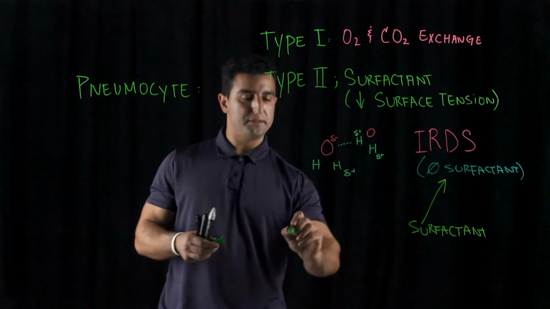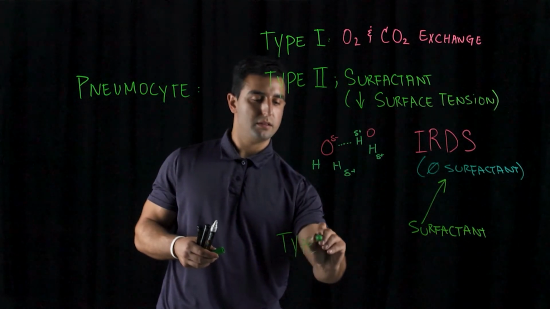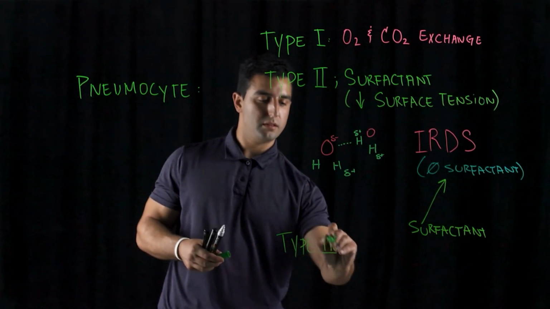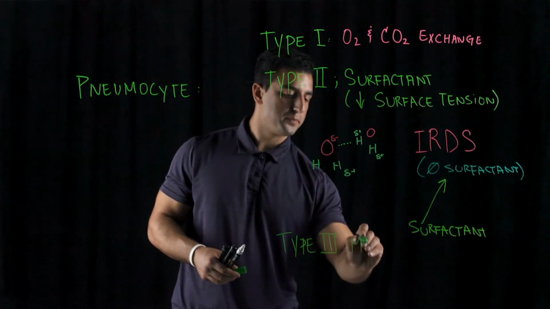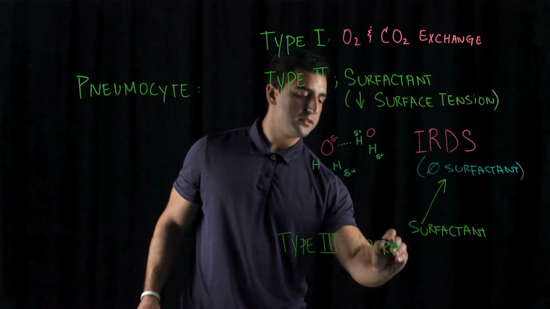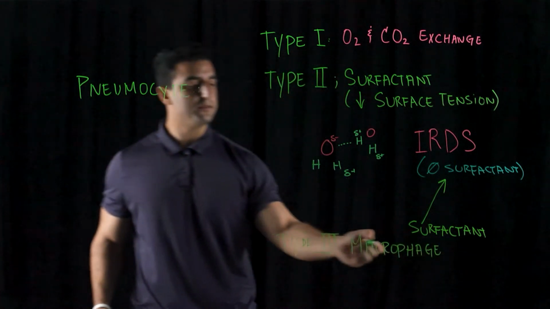And the third type of cell, let's put it here, type 3. Type 3 pneumocytes, another name for these is just macrophages. These are your immune cells in your alveoli. So what is the function of a macrophage?